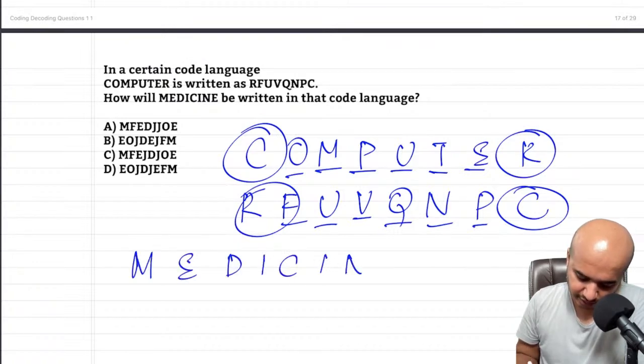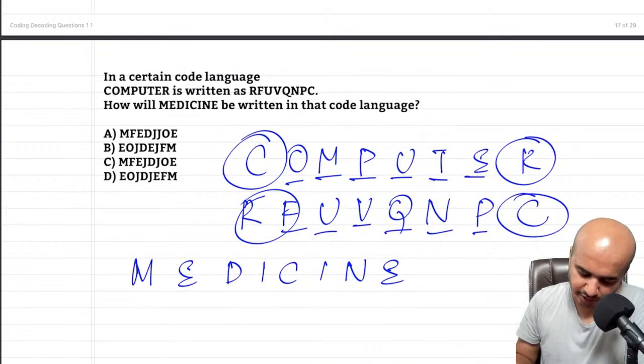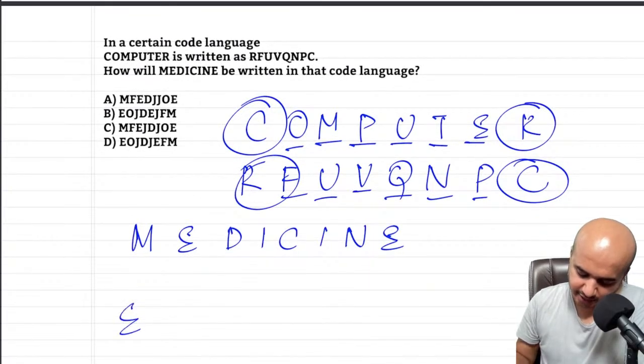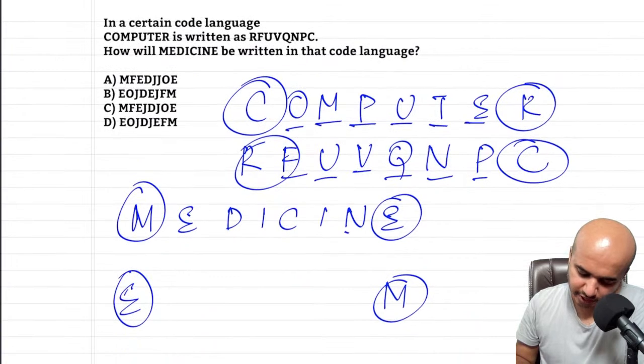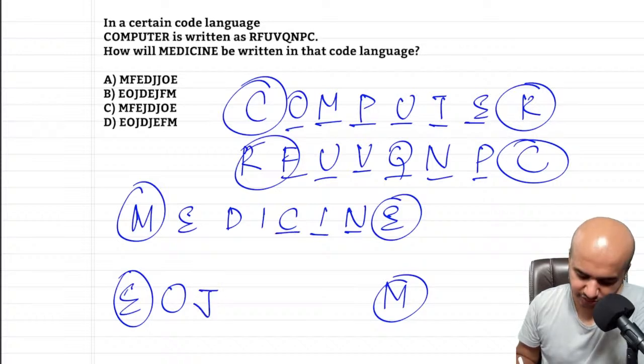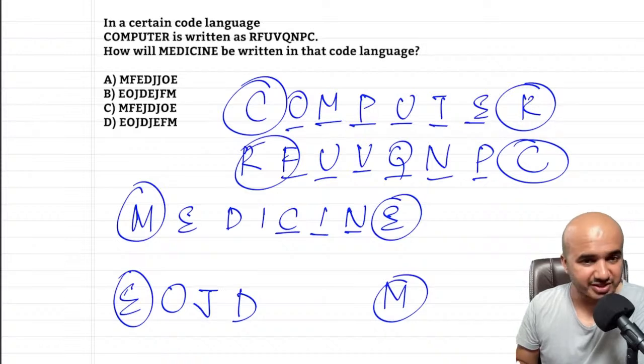So E will come here, M will go here, so that is taken care of. Then N, O, J, C, D. I can even stop here straight away because I just looked at, oh, there are two options with the same.